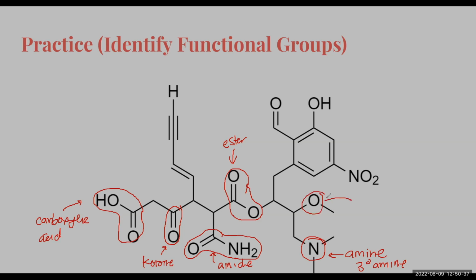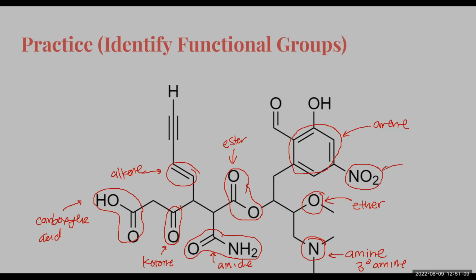Right here, we have an ether. Over here, we have an alkene. We have an aromatic ring right here, so an arene. Down here, this was not one of them that I showed on the list.